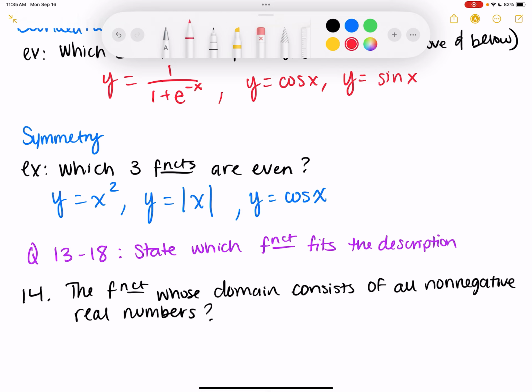So which function has a domain that is non-negative real numbers, meaning it goes from 0 to infinity for its domain? It was the x square root one. Yep, square root function.